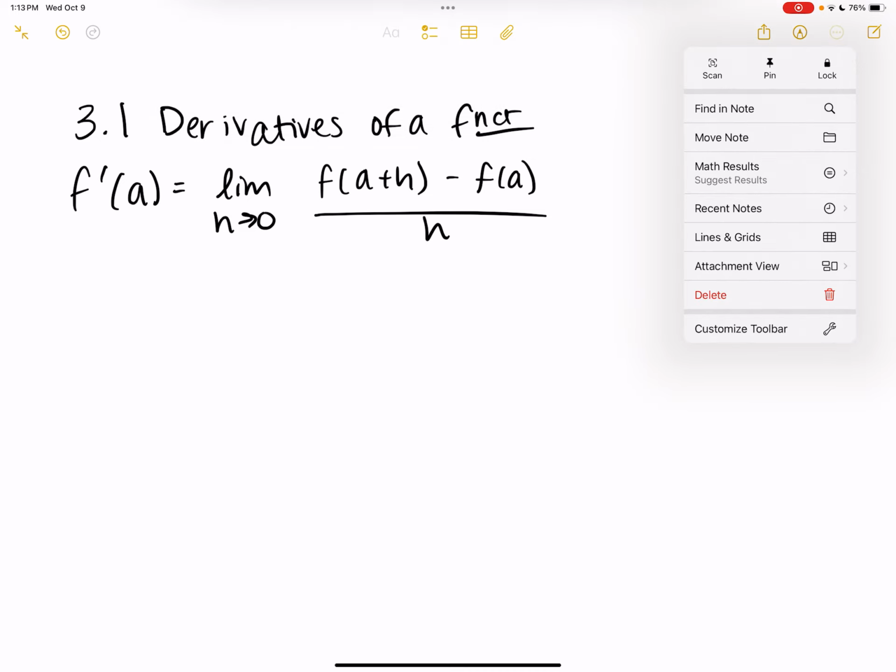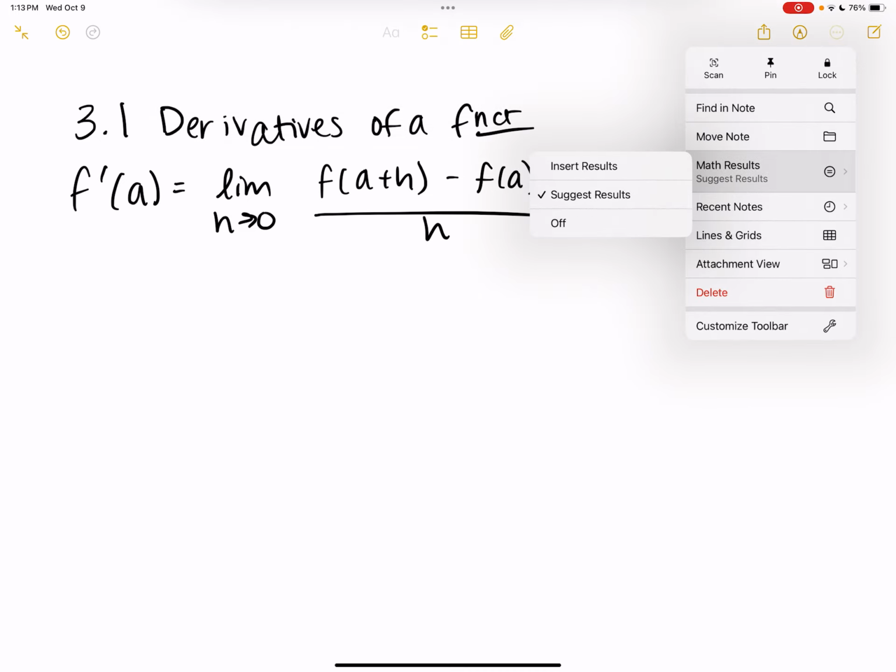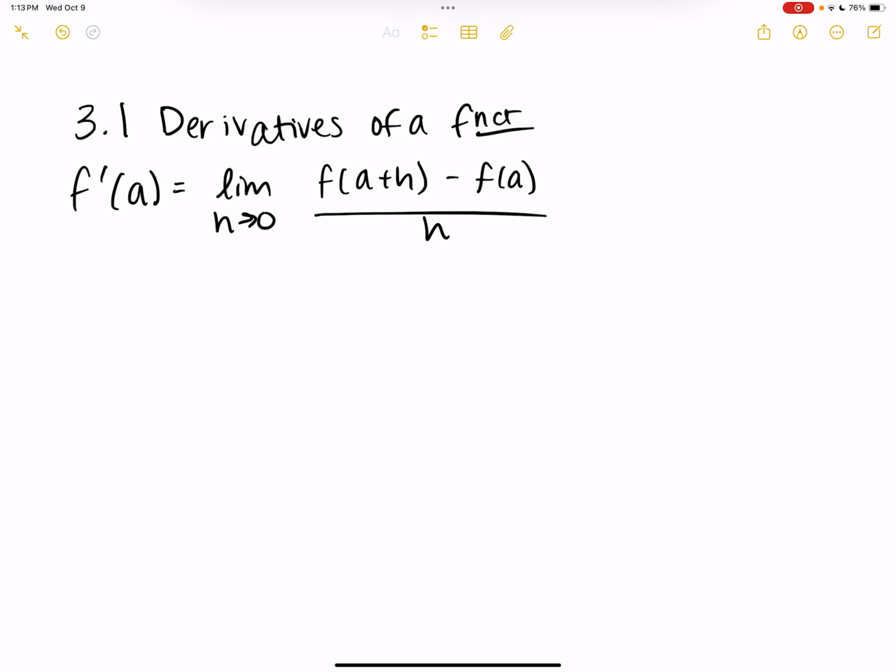So I have to go manually turn it off on every single note. And I don't understand. I feel like it should be an auto thing that once I turn it off, it's off on everything. I was excited for that one. It's the lamest thing ever. It can't even solve a one-step equation. Wait, I want to see that. I just turned it off. I can show you later. It doesn't work though. I tried to get it to solve a limit the other day, and that's how I knew it didn't work. Yeah. This is annoying. I was like, what are those little orange boxes? Yeah. I don't know. Love orange boxes.